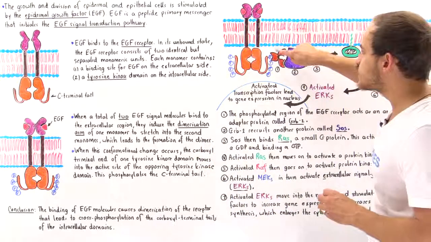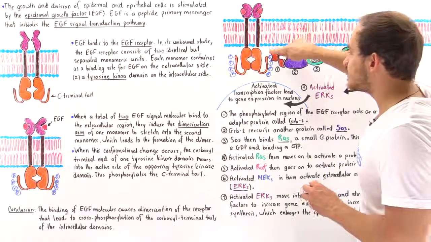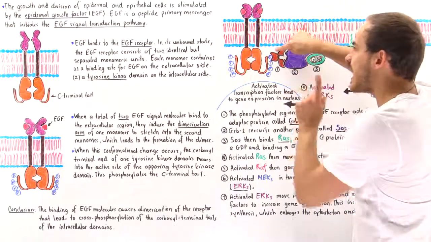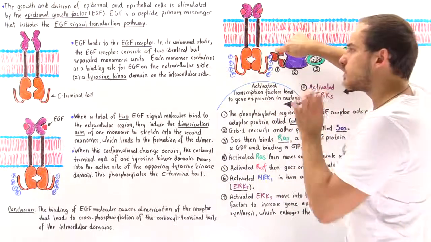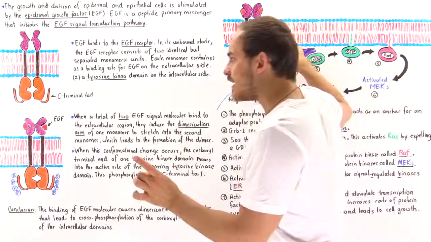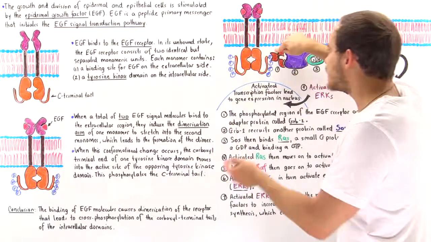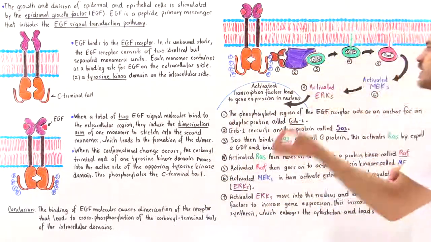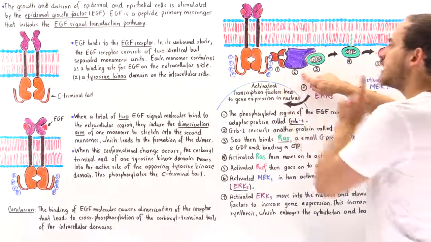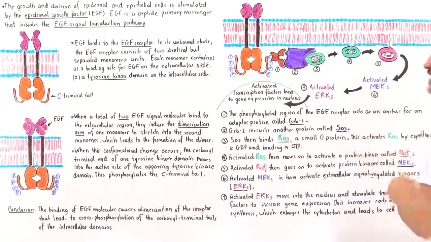And so this one, shown in brown, binds onto this section, and this protein acts as an adapter protein. So this molecule itself doesn't actually activate anything, but rather it acts as an anchoring point. It allows the attachment of an important protein, shown in 2, that is known as the SOS protein.